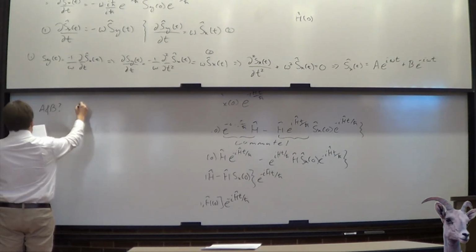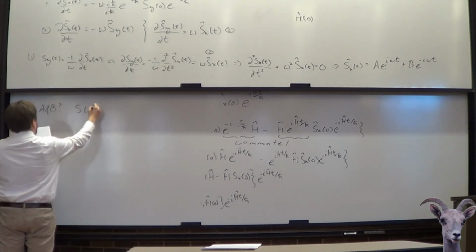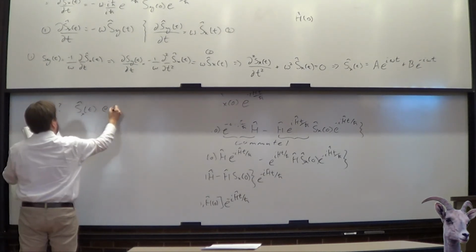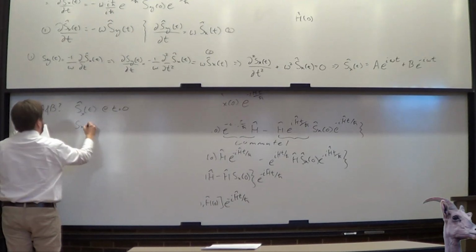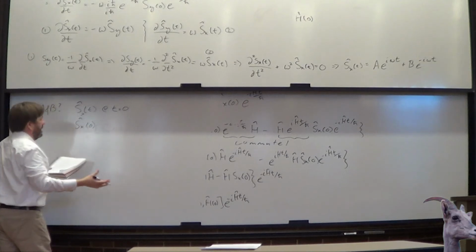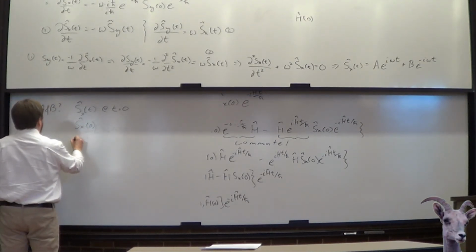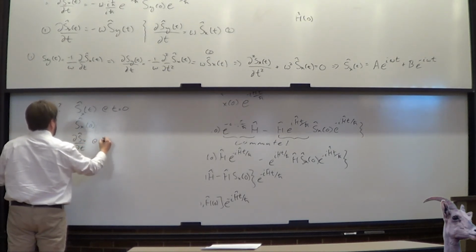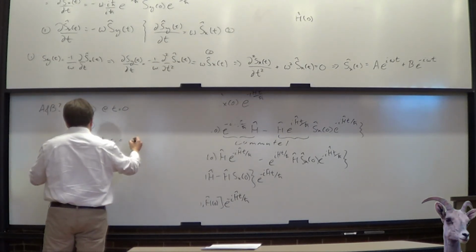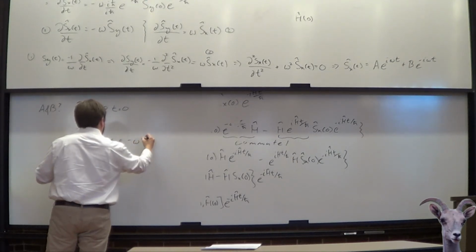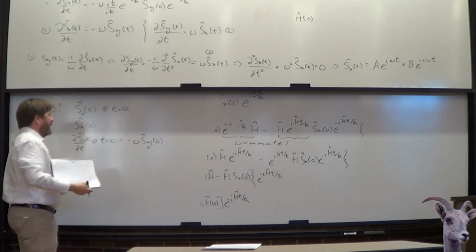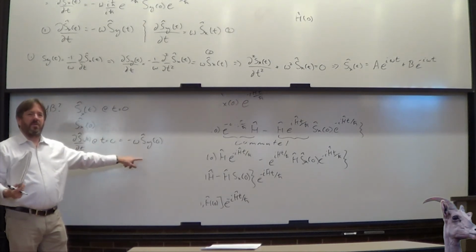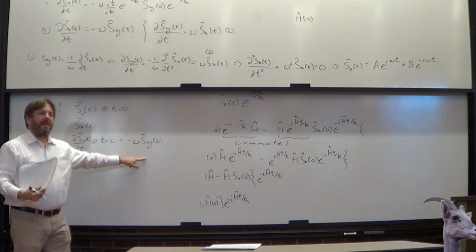What you do, you know that S. Now this is incredibly simple. Okay, now the derivative is equal to, now remember the operator Sy is h bar over 2, no, h bar over 2 times i?